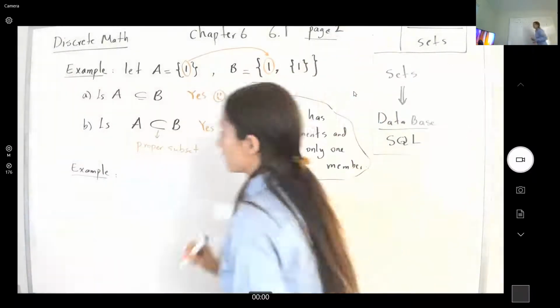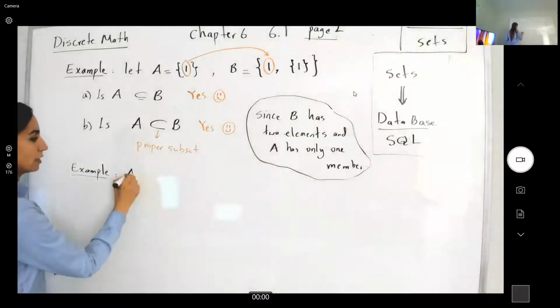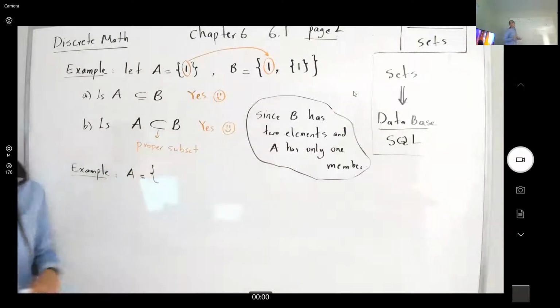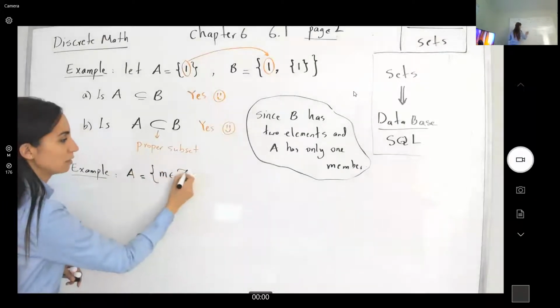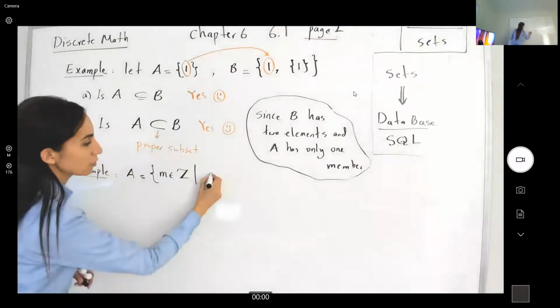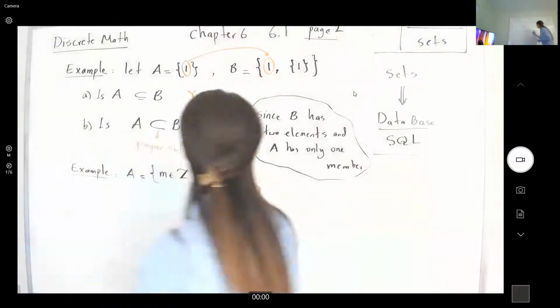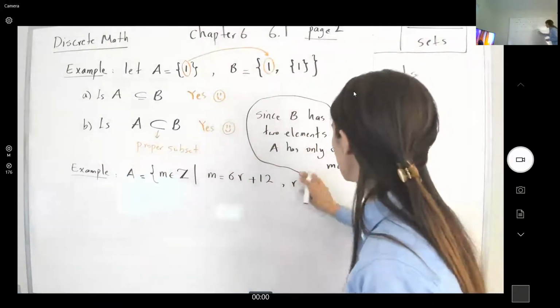Here we have this case. It says A is defined as the set of all integers m such that m is equal to 6r plus 12, and r is another integer.